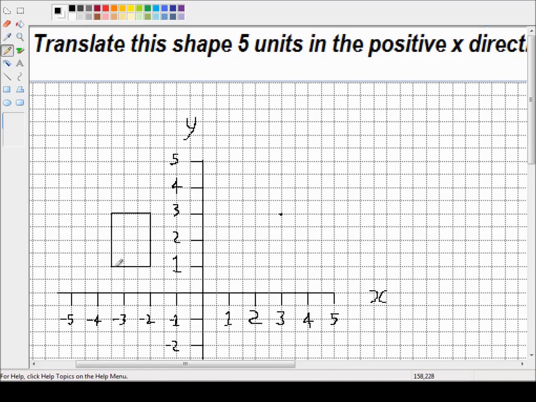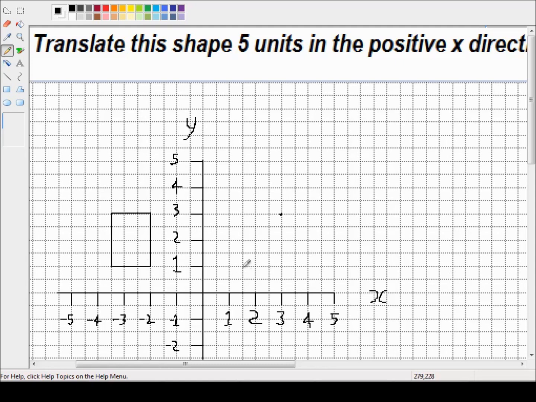Now the bottom left is negative 3.5, 1. So if I go 5 units to the right, that negative 3.5 plus 5, well, negative 3 plus 5 is positive 2, so that's going to be 1.5.